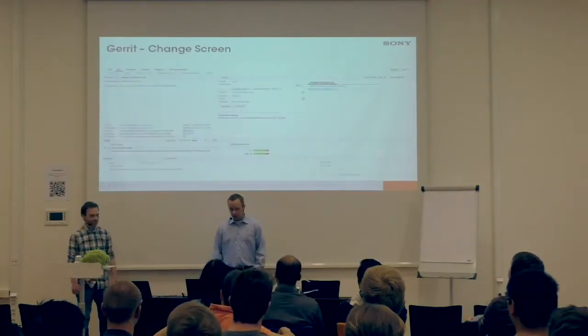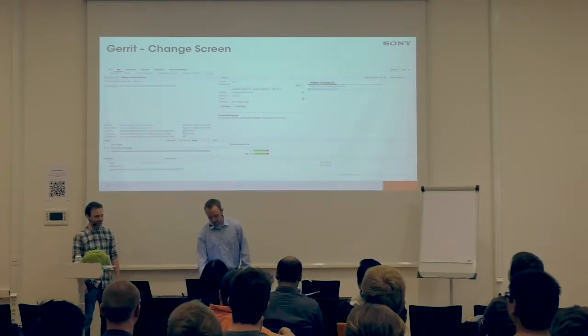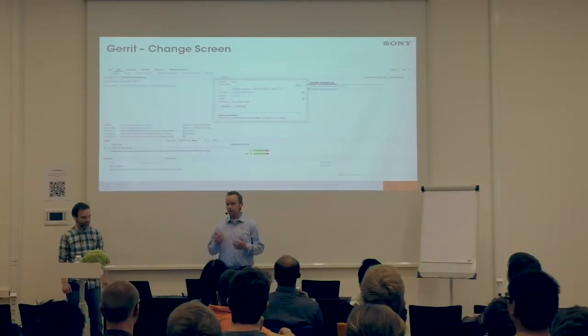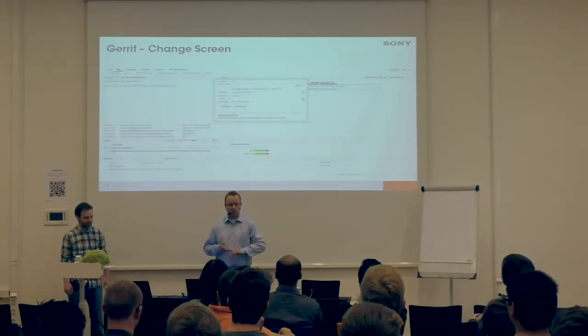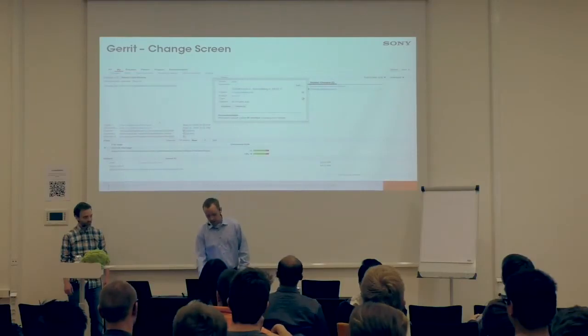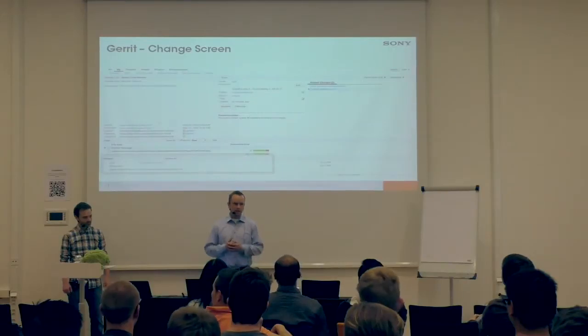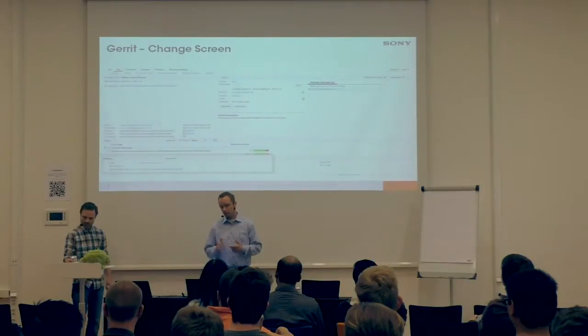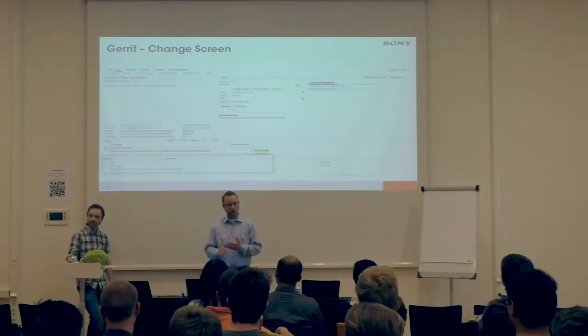Now, don't try to read any of this. I'm just going to give you a quick overview. In the middle here, you have change-related information: which project and branch this change is supposed to land in, and who the reviewers are. That's also where you add reviewers. Down here, you have the audit log, which records everything that happens in this change: every vote that is made, every build that is started, every comment that is made.